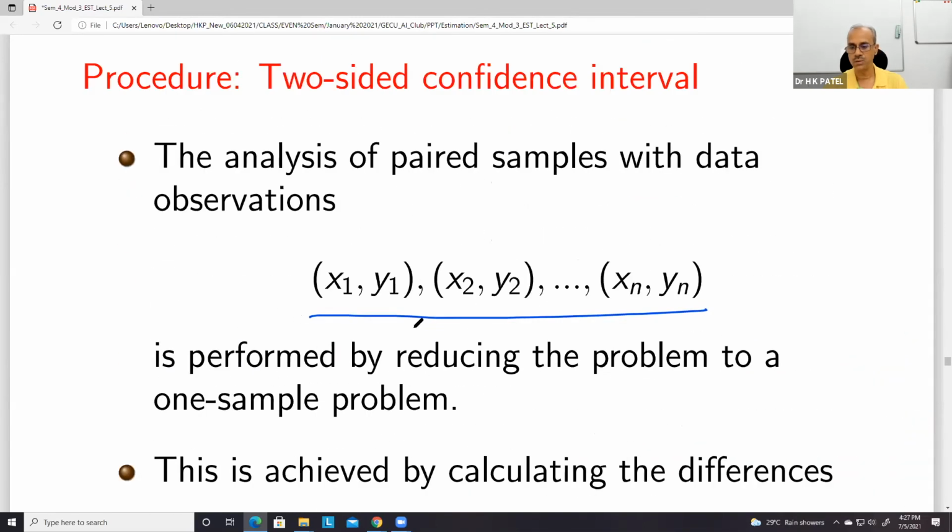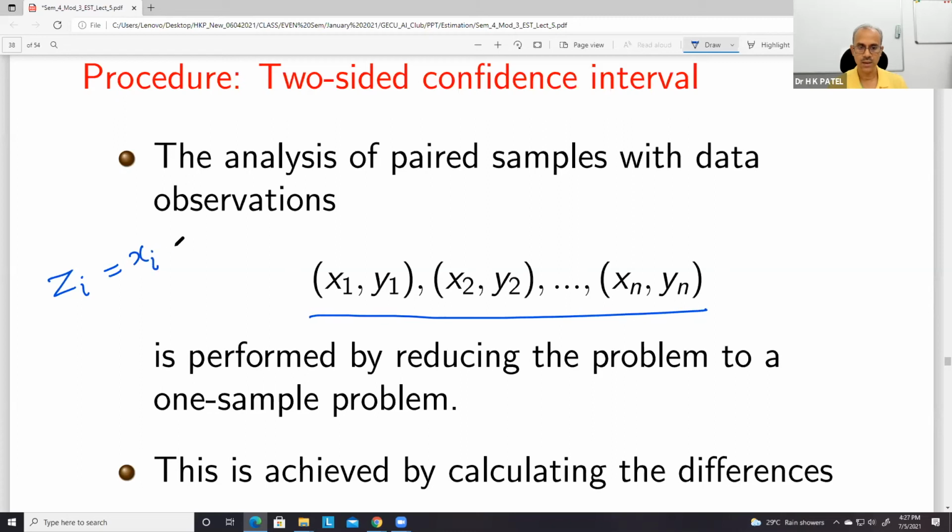So what we do, with the help of this, we define another variable, zi, that is actually the difference xi minus yi. So with the help of two numbers, we get one number.